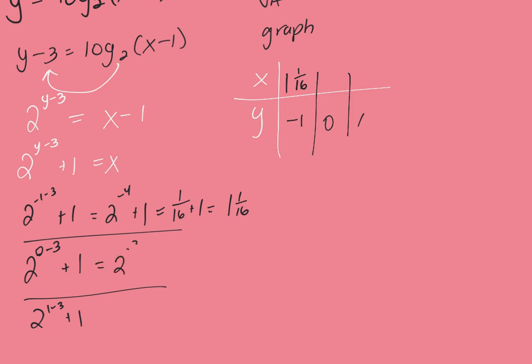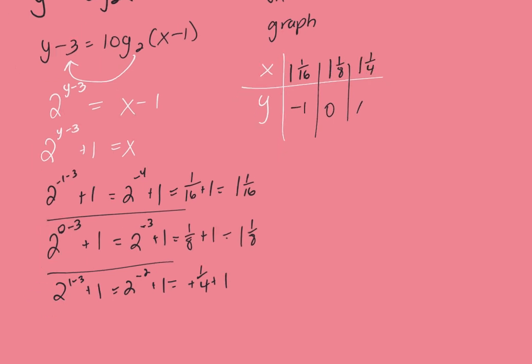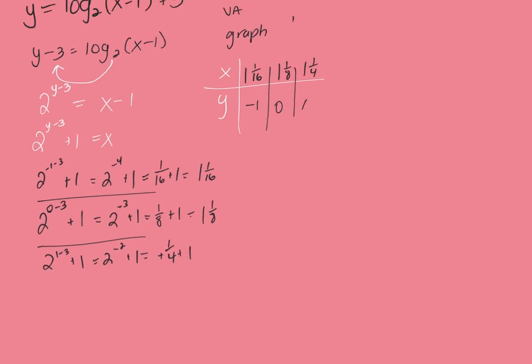This is going to be 2 to the negative third plus 1, or 1/8 plus 1. And this is going to be 2 to the negative second plus 1, 1/4 plus 1. Oops, positive. 1 and 1/4. So you're going to have a hard time getting that full curve, which tells me I'm probably going to have to plug in extra points. But I'll do these.